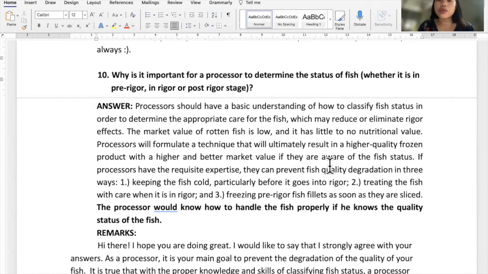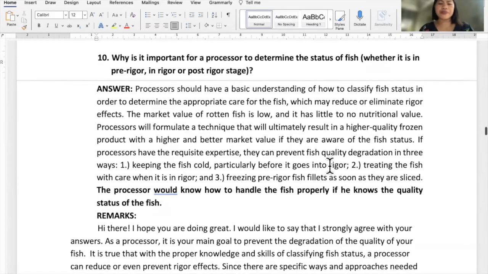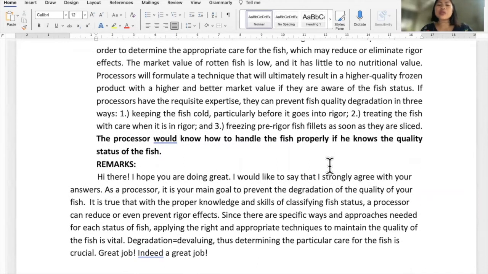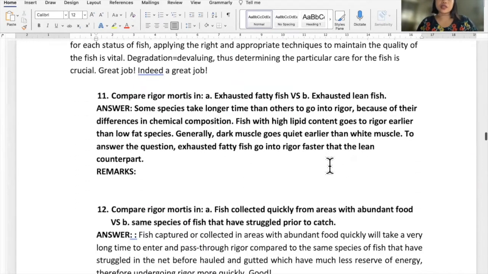And also, the processor should not, as much as possible, fillet the fish because it is very stiff and the fillet quality will be very poor pag finilay niya na nasa rigor stage. Briefly, the processor would know how to handle the fish properly if he knows the quality status of the fish.